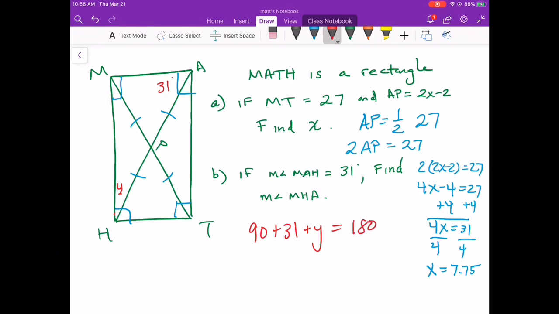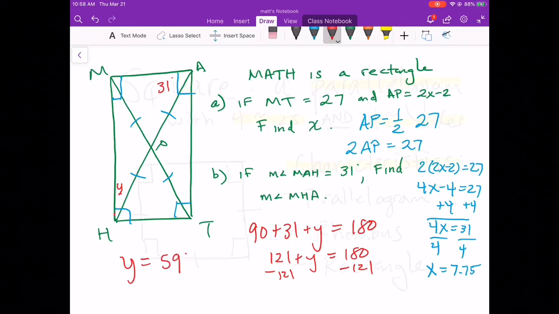Now, we knew the angles were right angles because it's a rectangle, and we know that the angles of a triangle add up to 180 degrees because all triangle angles do that. So I'm just going to solve for y. That's 121 plus y is 180 after combining like terms. Subtract 121 from both sides, and I've got that y is equal to 59 degrees.